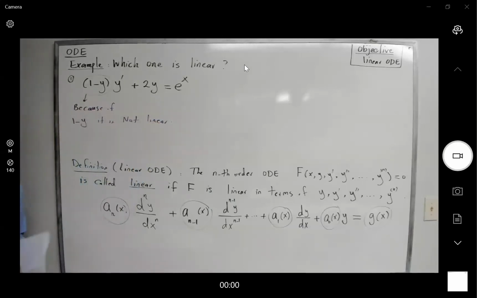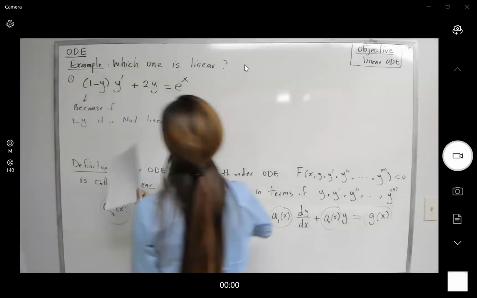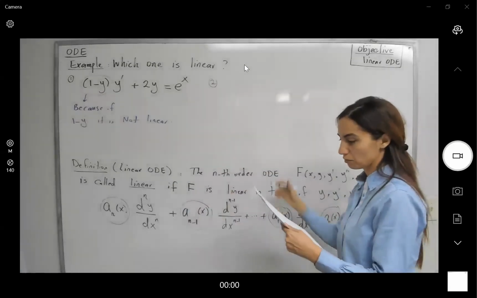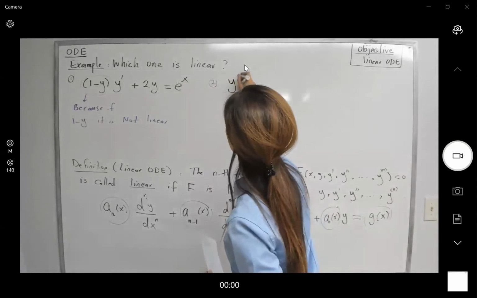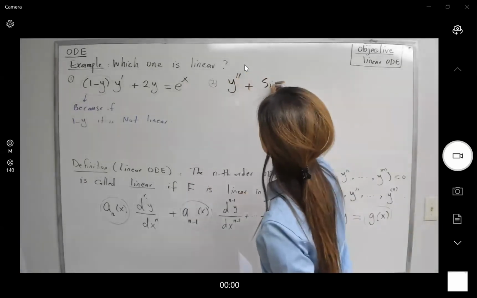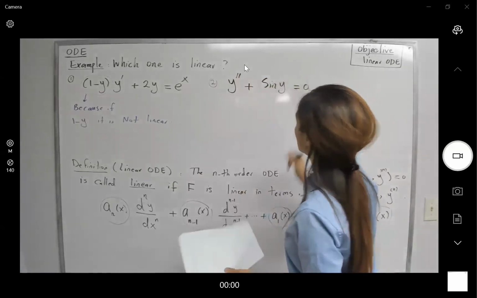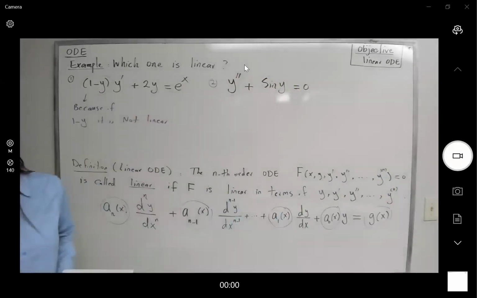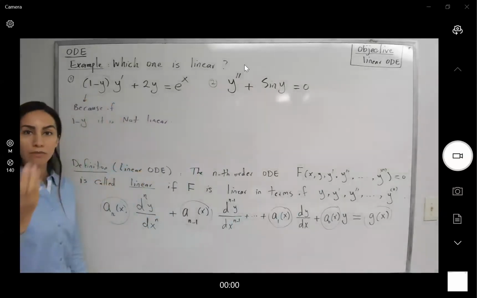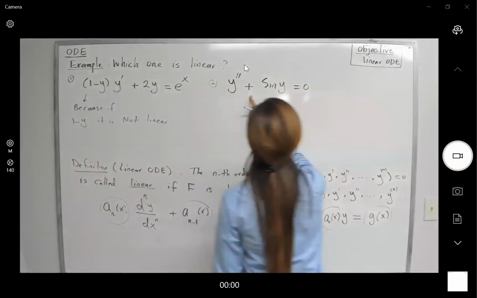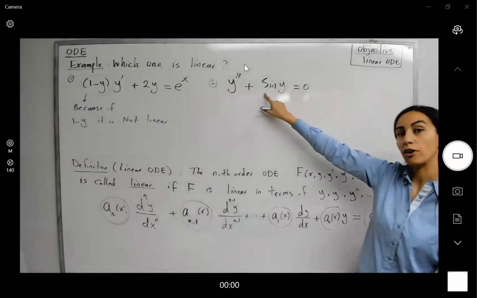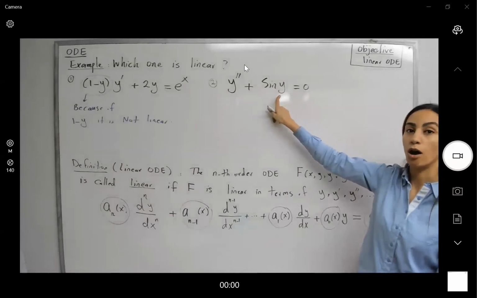Let's take a look at the second example. We have the second derivative of y plus sine of y equal to 0. The expression multiplied by the second derivative is 1, but here we have a function in y.